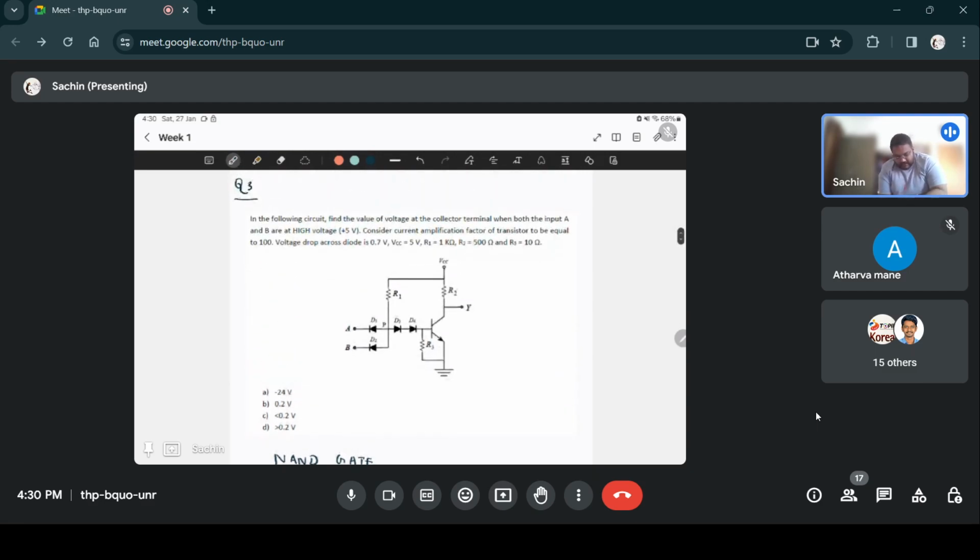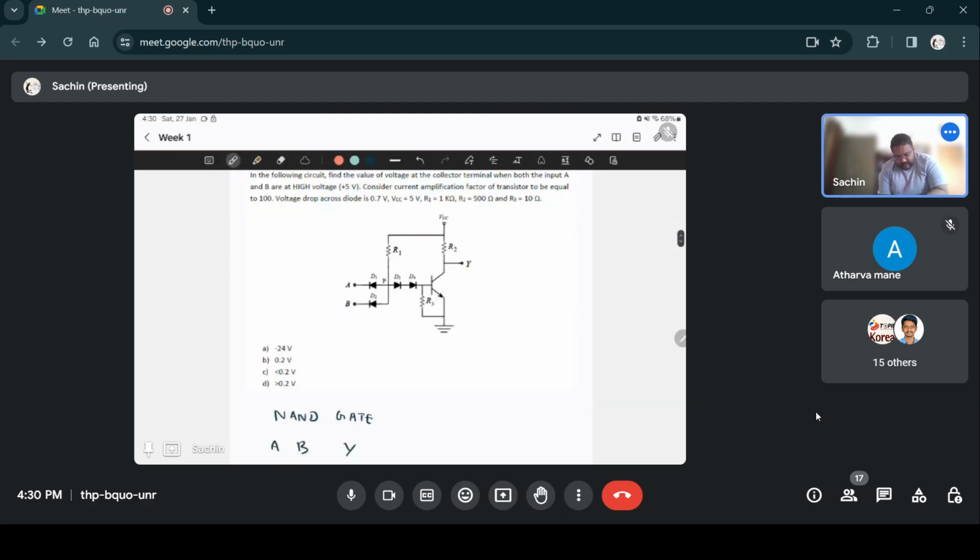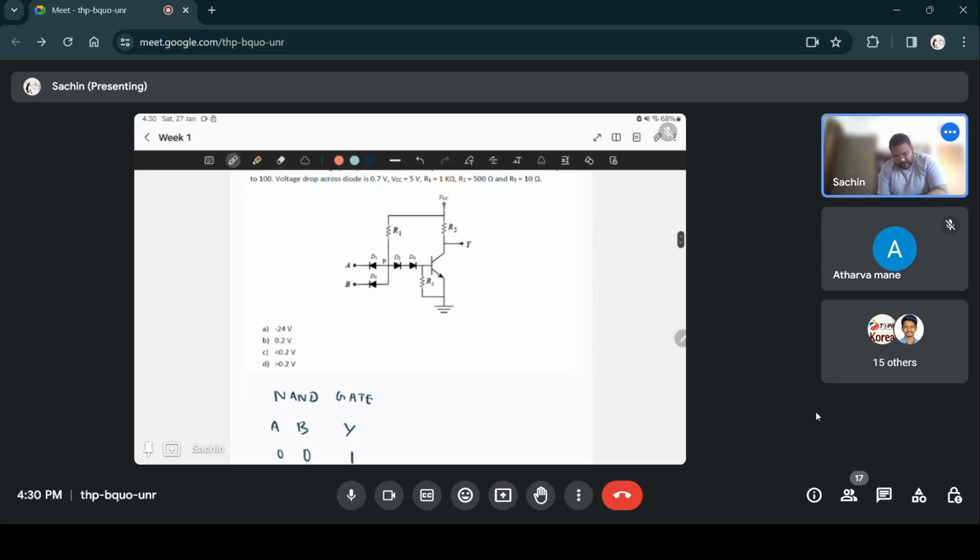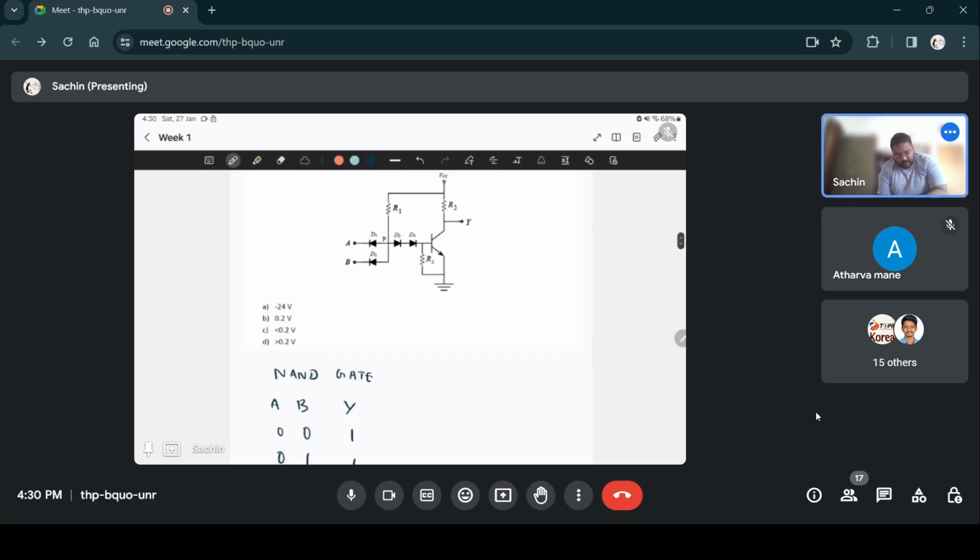So here they have given that both inputs are high. So the output should be a low output. For you to get a low output, what should happen?